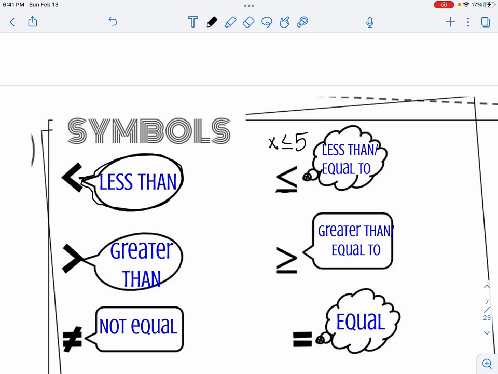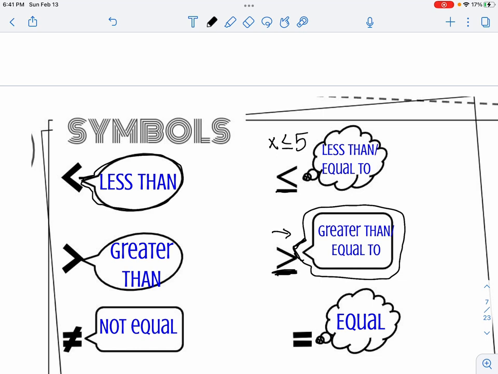Alright, now we're going to go to greater than. So remember, this is your greater than symbol. And then if I put a line underneath it, I have my greater than or equal to. This goes with the rule that it would include the solution if I put the underline underneath it.